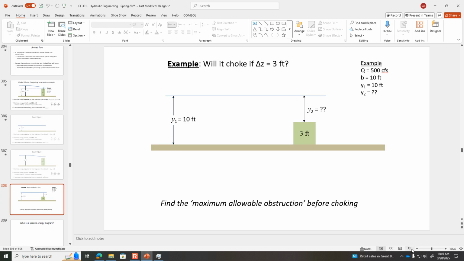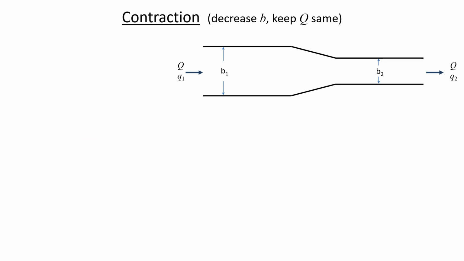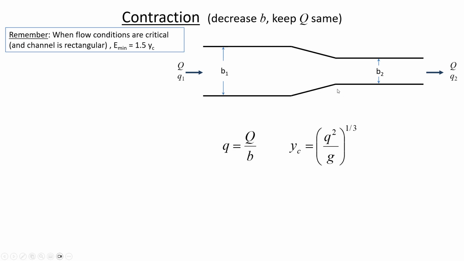Okay, so preview of where we're getting next time when we get together. We're going to look at what happens when the channel gets narrower. When the channel gets narrower, then your flow per unit width changes because B is smaller. And if the flow per unit width changes, then the critical depth is going to change when you make the channel narrower.